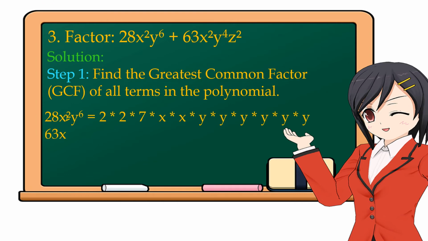And 63x squared y raised to the 4th z squared is equal to 3 times 3 times 7 times x times x times y times y times y times y times z times z. So encircle all the common factors between them.